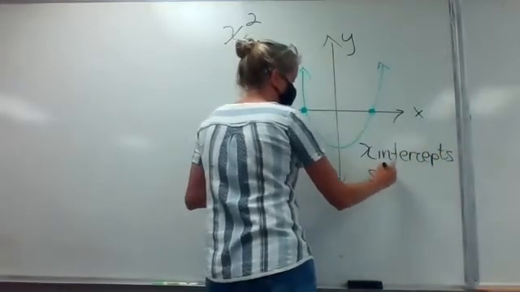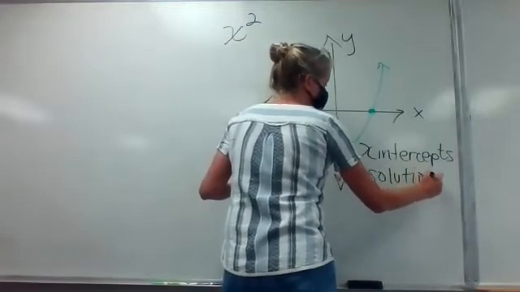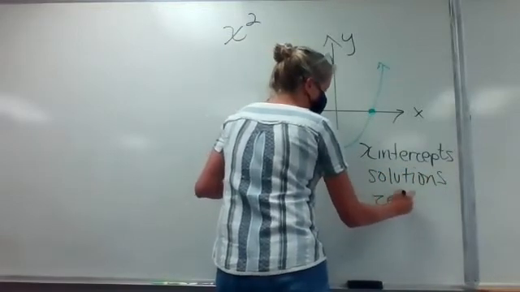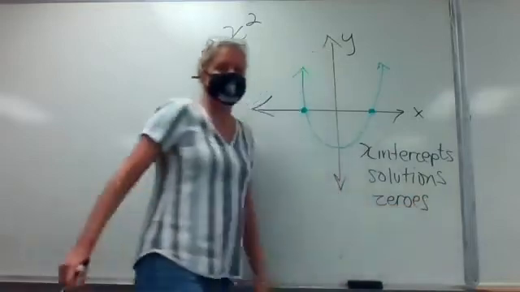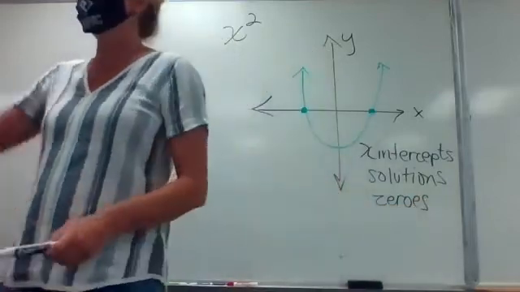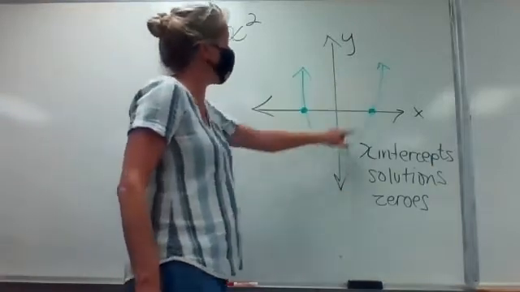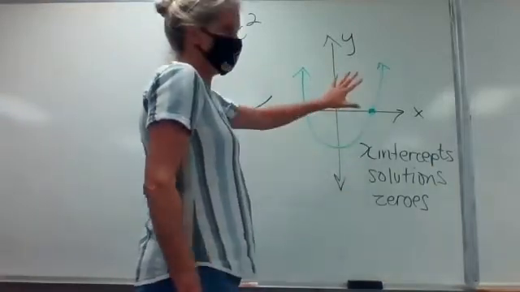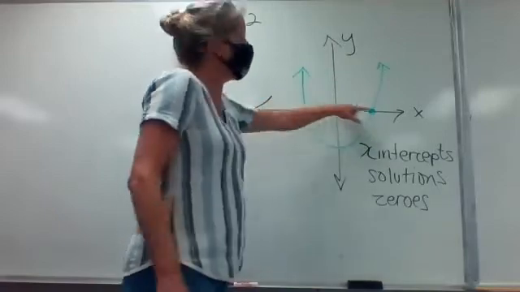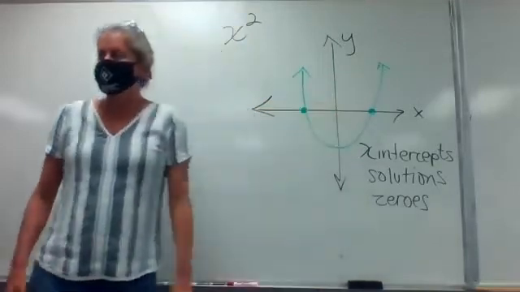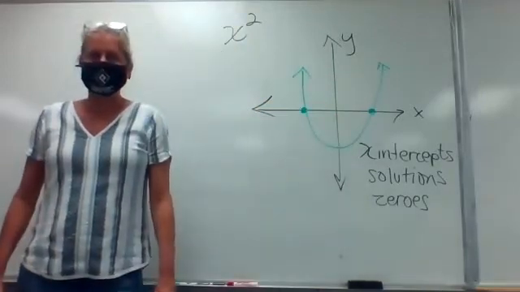Sometimes they're called solutions. And sometimes they're called zeros. Okay, that terminology is all interchangeable. What you're doing, the solutions of this model are the x-intercepts of it, or the zeros of it.